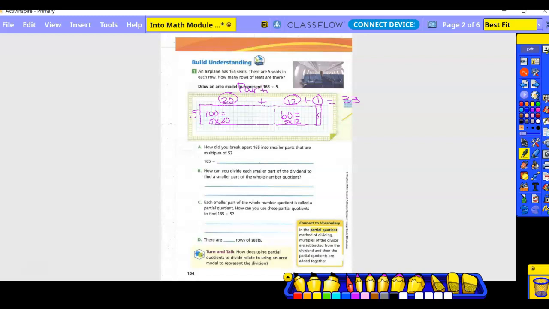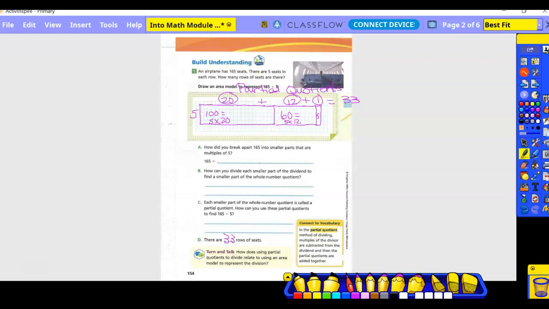Partial quotients. They are not partial products. That's with multiplication. So those pieces that we added together are called the partial quotients. So how many rows of seats are there? 33. In the partial quotient method of dividing, multiples of the divisor are subtracted from the dividend, and then the partial quotients are added together.